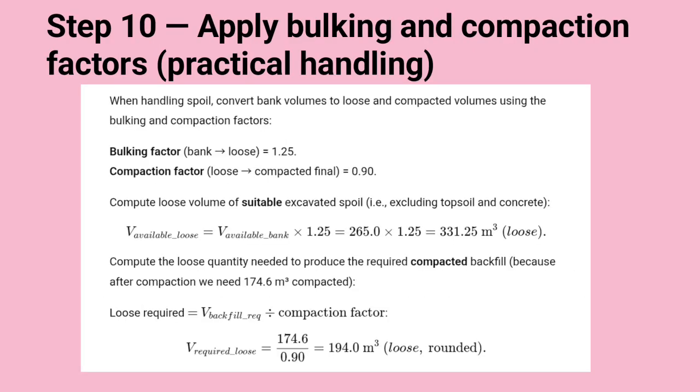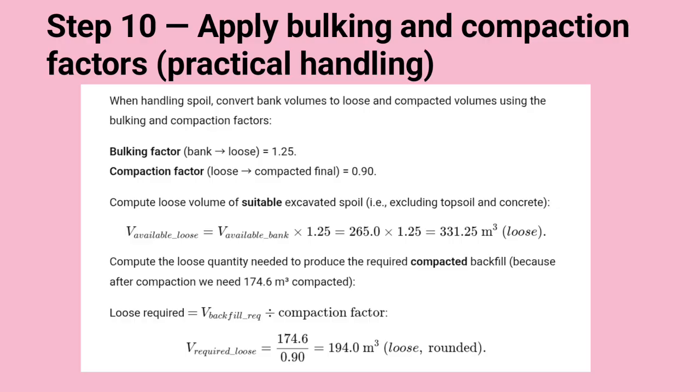Step 10. Bulking and compaction, practical. In practice, soil changes volume when moved. Bulking factor is 1.25, meaning soil expands 25% when excavated. Compaction factor is 0.90, soil reduces to 90% of loose volume when compacted. Loose volume available is equal to 265 times 1.25 equals 331.25 cubic meters.